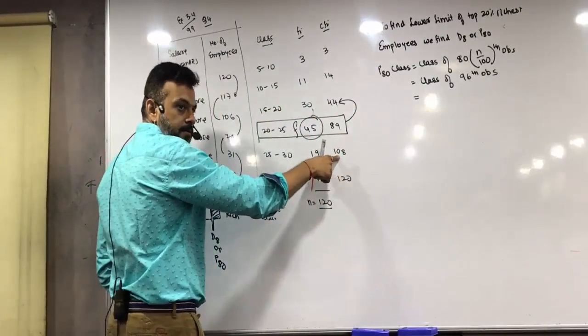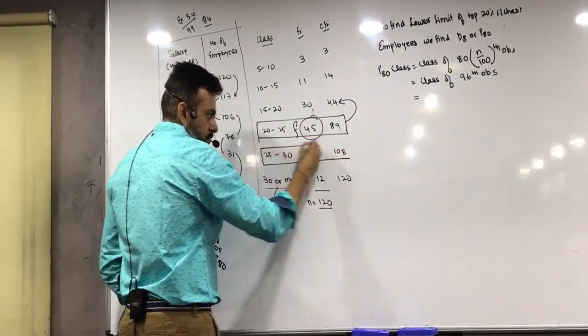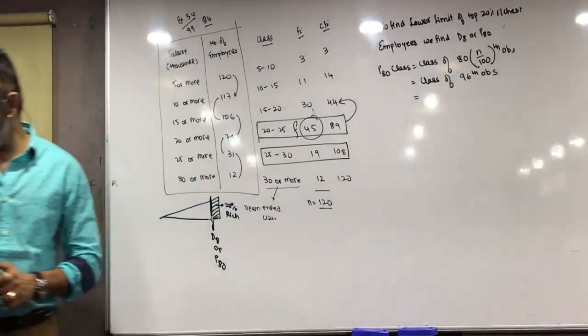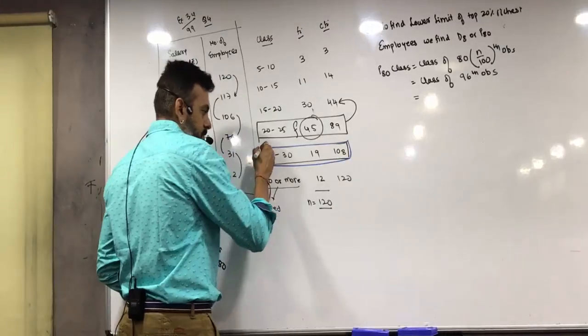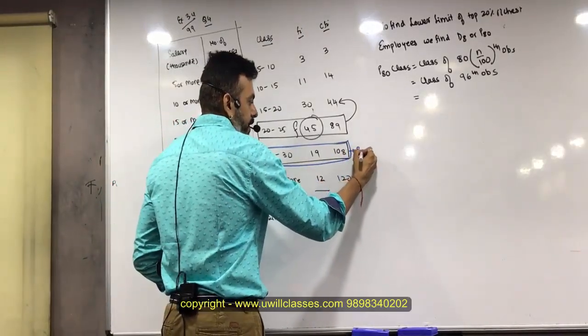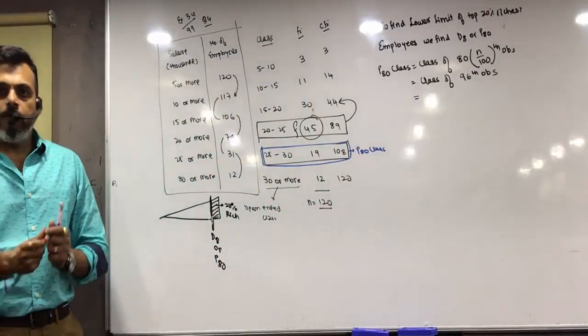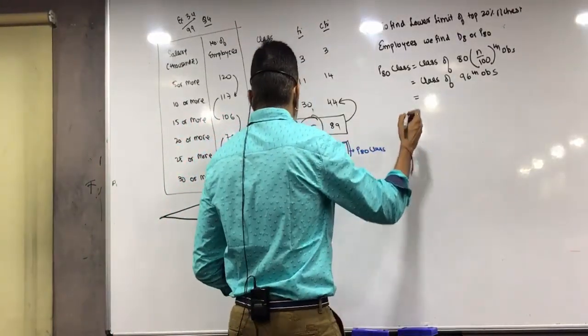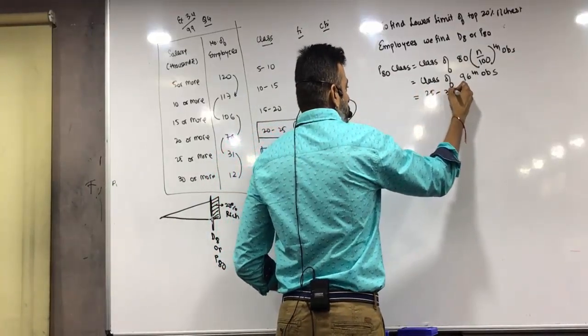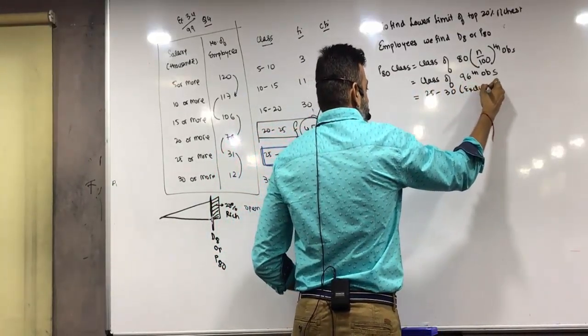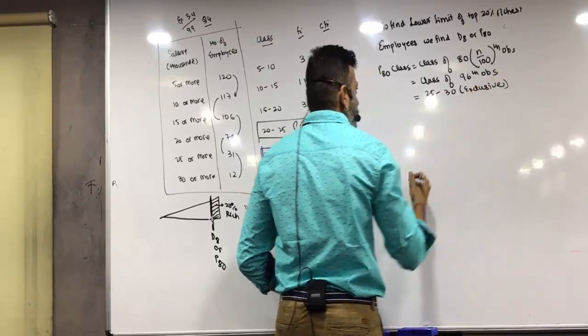So here it will come, within 108, this one is the P80 class. Understood this? So the P80 class is 25 to 30, already exclusive.